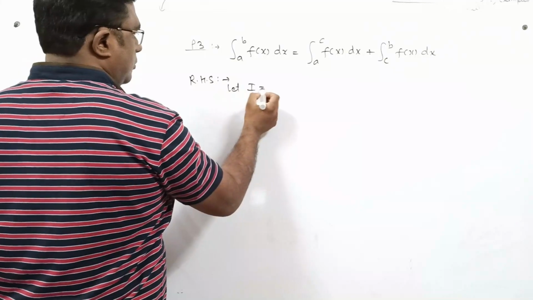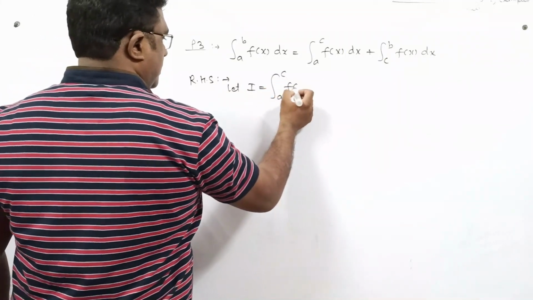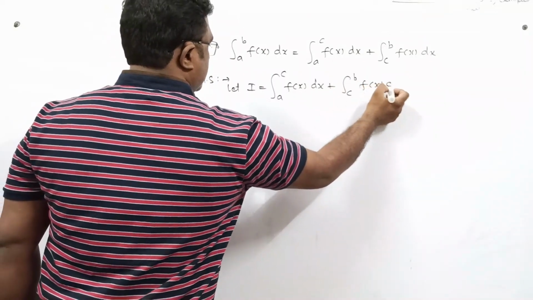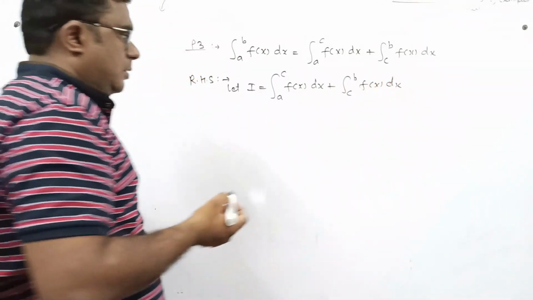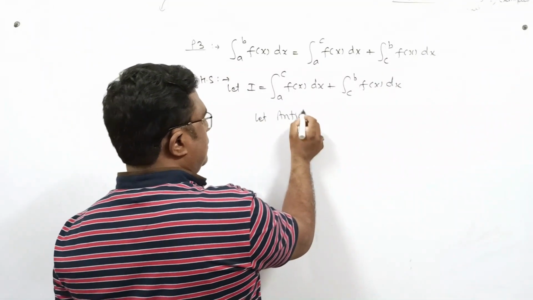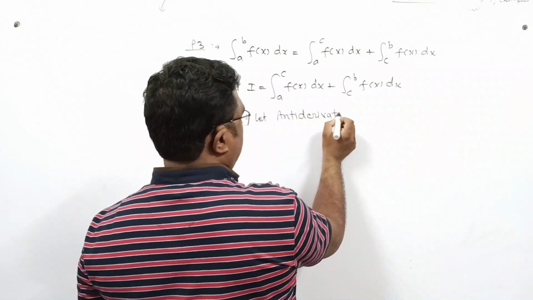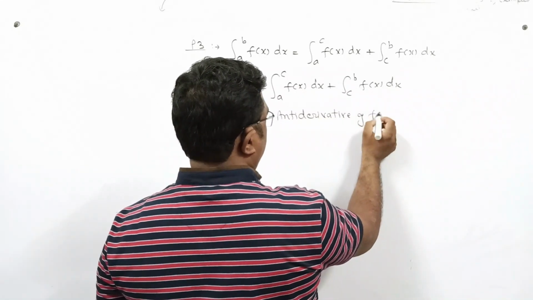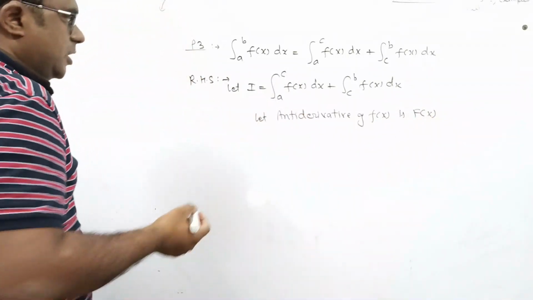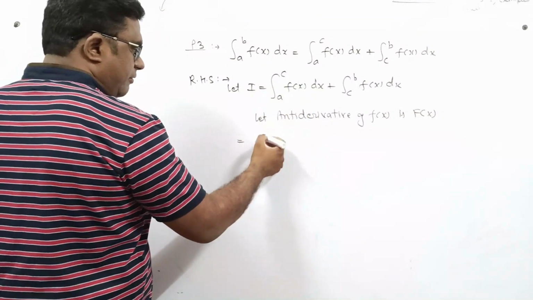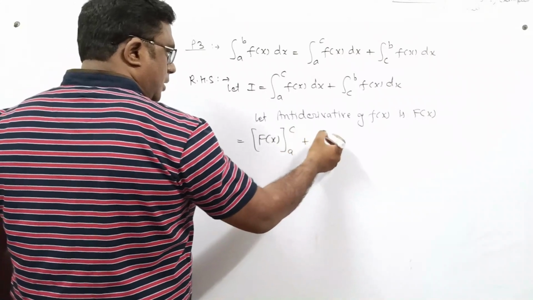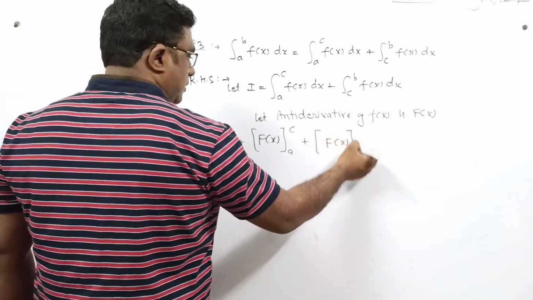Let the integration equal the integral from a to c of f(x) dx plus the integral from c to b of f(x) dx. Again I am assuming let the antiderivative of small f(x) be capital F(x). Let us apply it. Its antiderivative is capital F(x) over a to c, again F(x) over c to b.